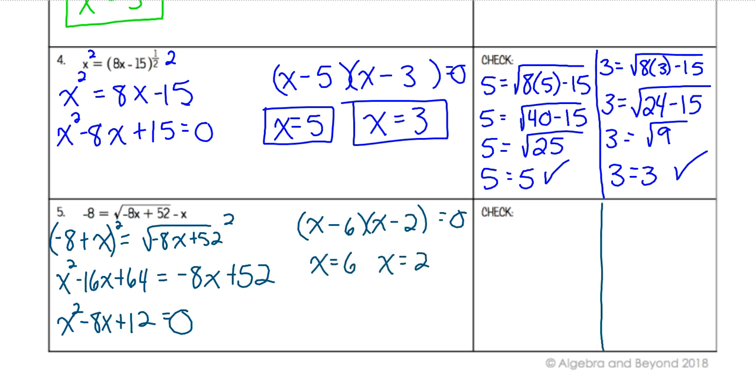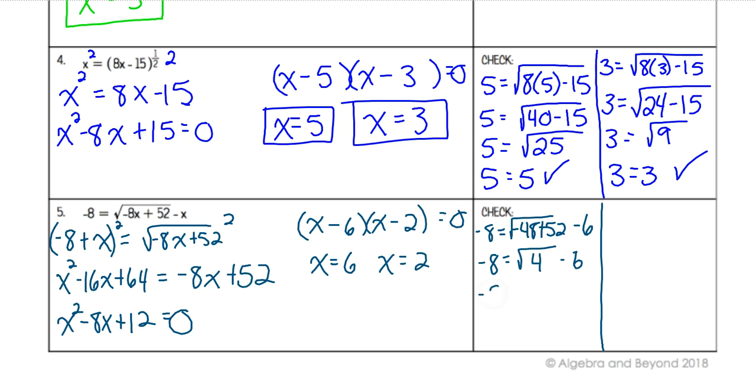Now let's check them both to make sure they're both viable solutions. So we are trying to get it to equal negative 8. So I have the square root of negative 8 times 6, that's negative 48. Just in the interest of space, I'm going to go ahead and plug that in and simplify it. Okay, so I have negative 8 equals the square root of 4 minus 6.